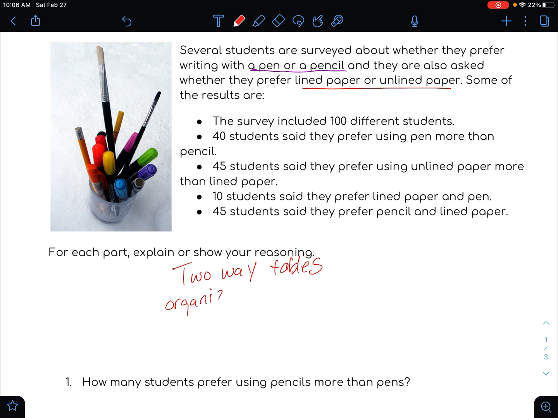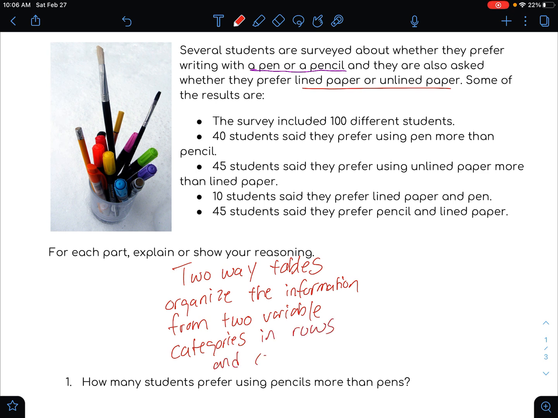It organizes the information from two variable categories, and sometimes it could be more, but two variable categories in rows and columns. So let's see if we can make a two-way table for this situation here.